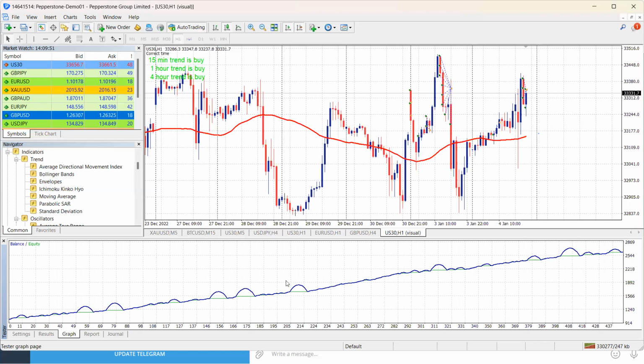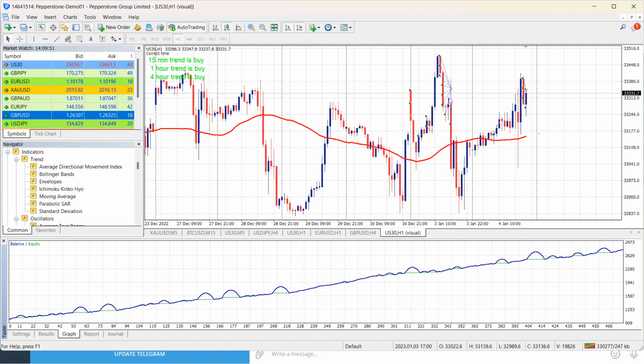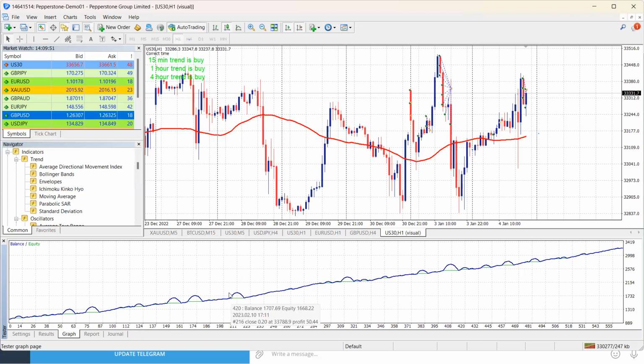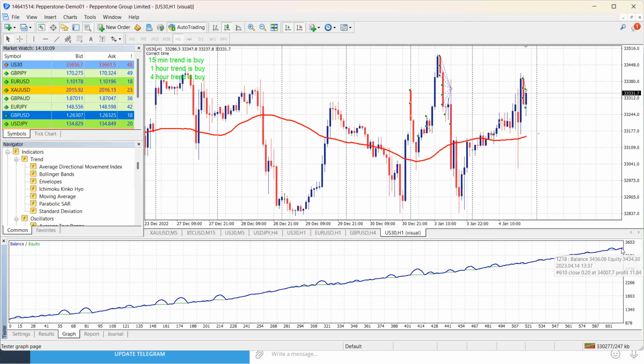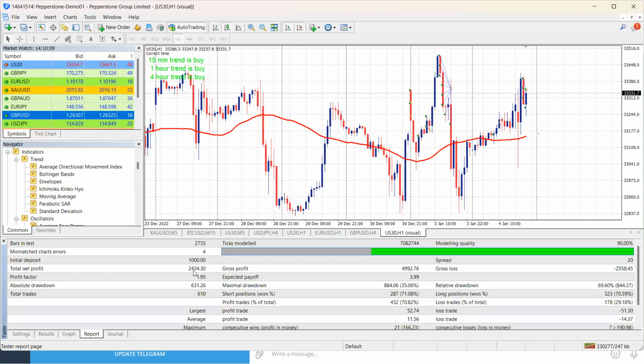So those little domes, that's when it's opened up multiple trades like it just did here, and then closed them out as a group. Because half of them get closed out in loss, the other half in profit, but a total group profit there. So in 3.25 months, we took a $1,000 account up to about 3,500. So we made 243% profit, but we incurred 35% drawdown.